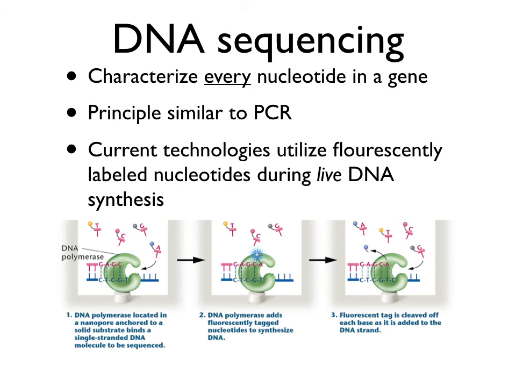For the most part, these technologies rely upon a polymerase that is stuck to the bottom of some flow cell, and you put a bunch of your DNA samples in there, and the DNA samples go through the polymerase that's stuck there. Every time a polymerase adds a nucleotide to a new strand that is complementary to what you put in, it releases a fluorescent molecule.